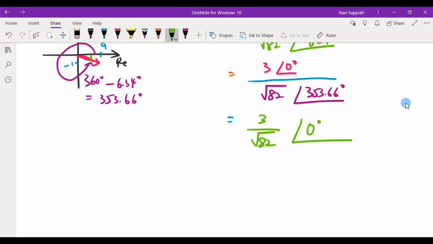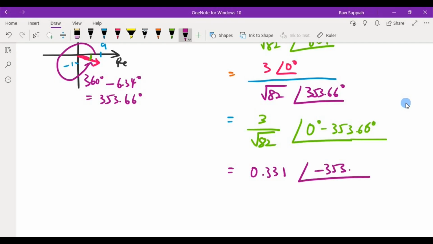So it will be 0 degrees minus 353.66 degrees. So what you'll get is 3 over square root 82, which gives 0.331, and you'll get minus 353.66 degrees.